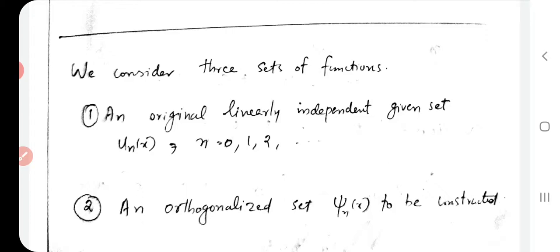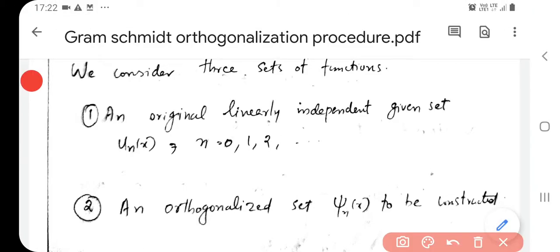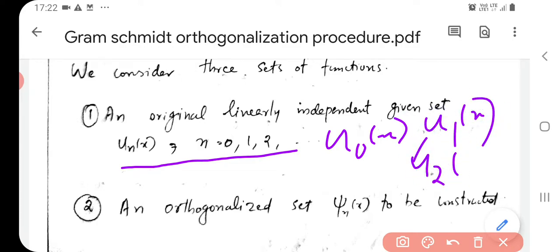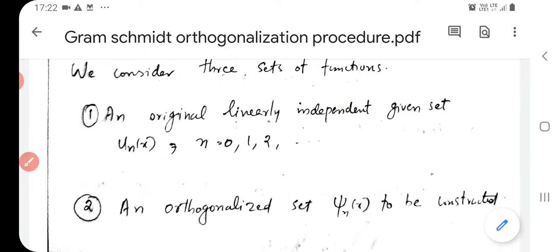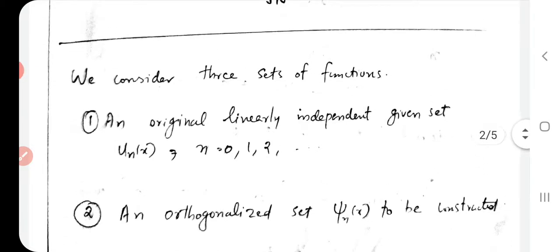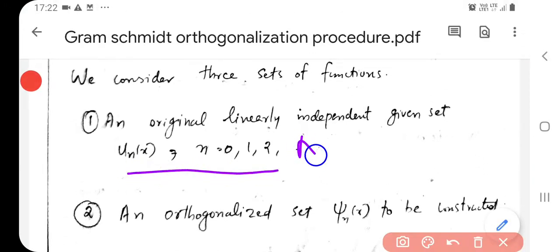Suppose we have a set of linearly independent functions un of x, where n is 0, 1, 2, etc. So the functions are u0 of x, u1 of x, u2 of x, etc. This is a set of linearly independent functions which are non-orthogonal.